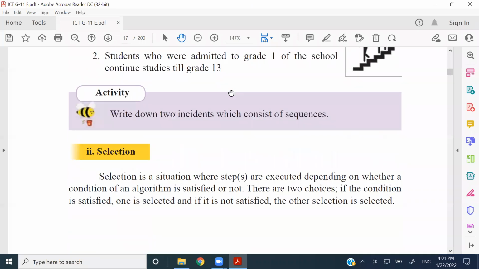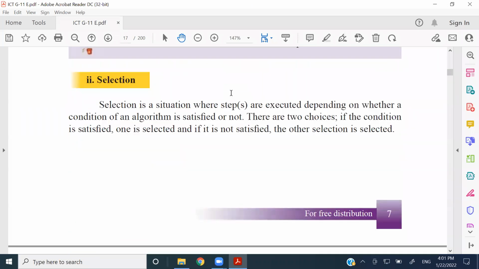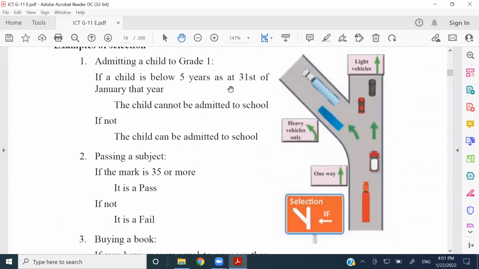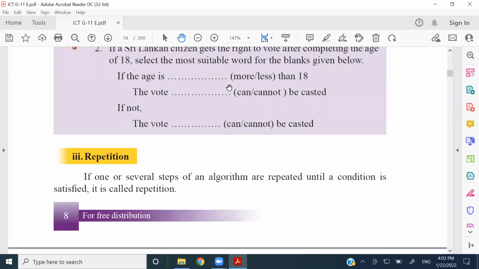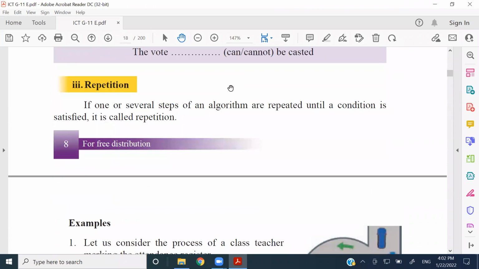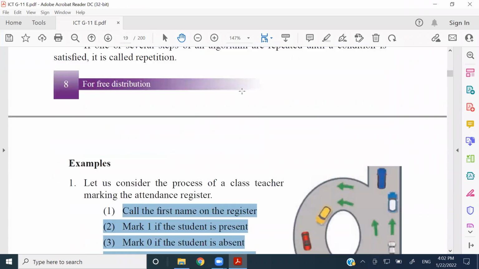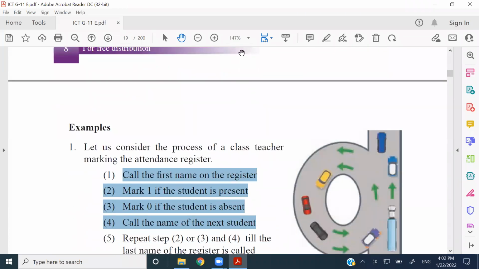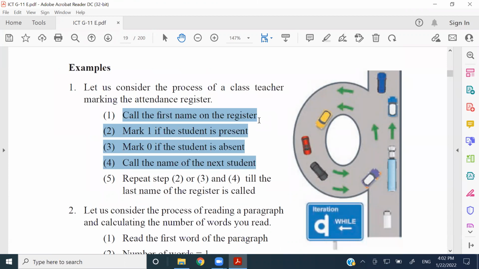Then, according to the situation, you will find either the selection or an iteration or a repetition, or both can be there. Right? So by next week, we are going to see how these things can be used to make our plan, that is using the flowcharts and the pseudocodes.